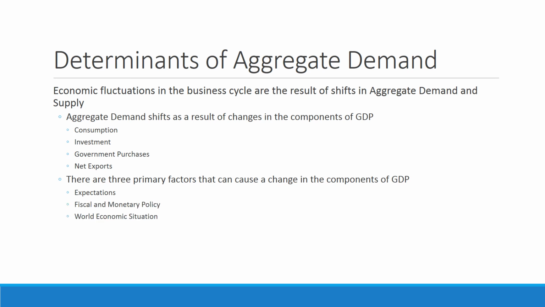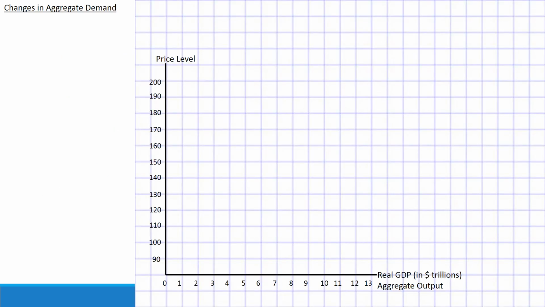And then third is a world economic situation, and we're going to look at each of these in detail. So when we look at these three things, what we see is that these three things will cause the components of GDP to change, thus shifting aggregate demand. So let's graph this and take a look.